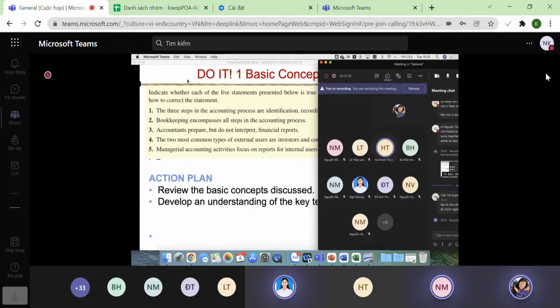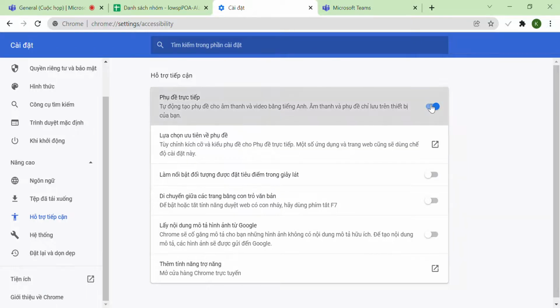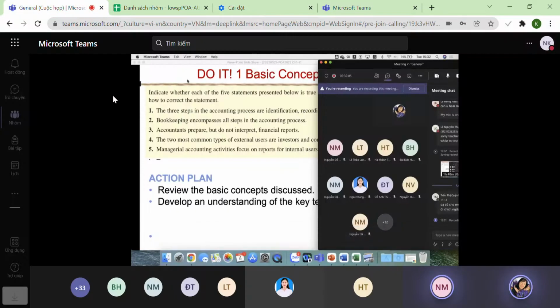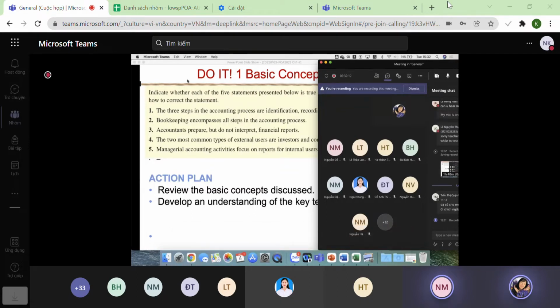What else? Recording. Communication. In recording, we have record, classify, and summarize information. In communication, we have prepare accounting reports and analyze and interpret them to the information user.